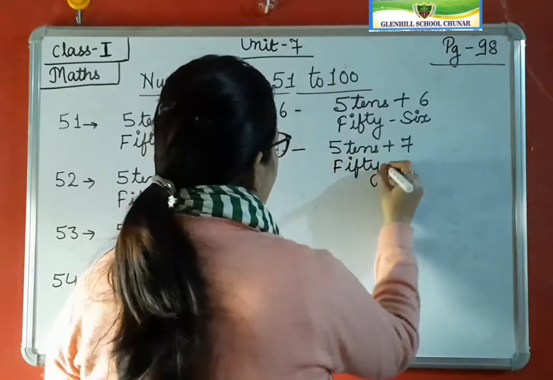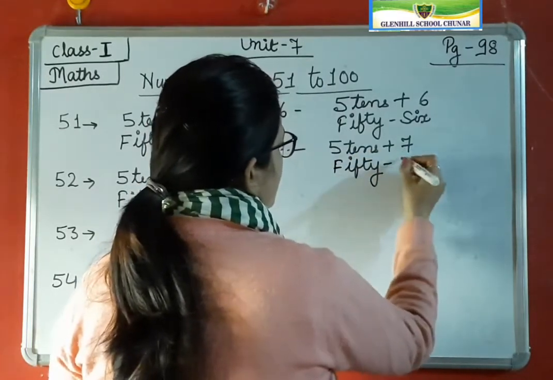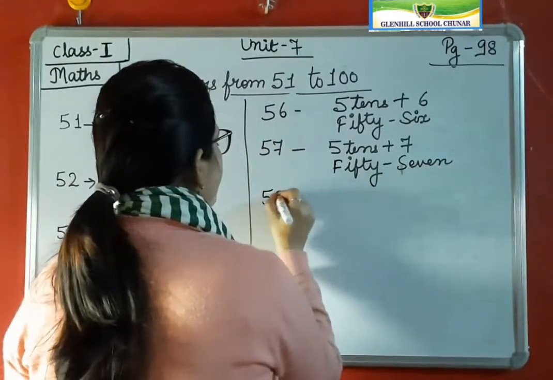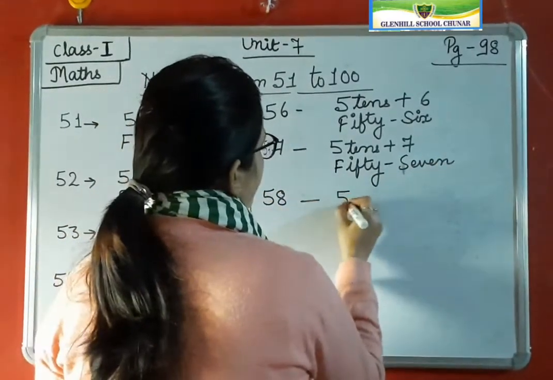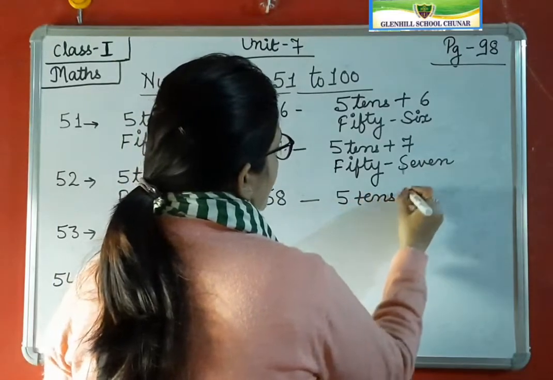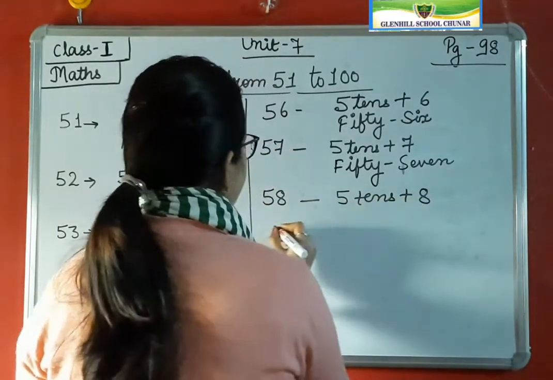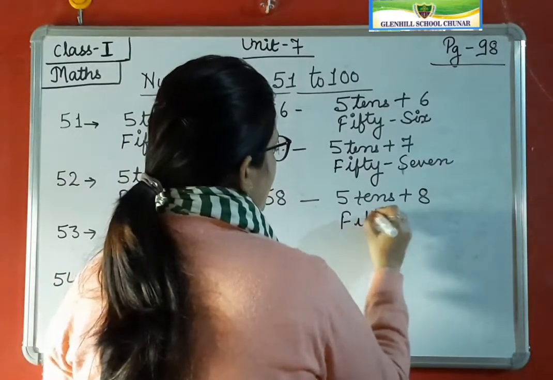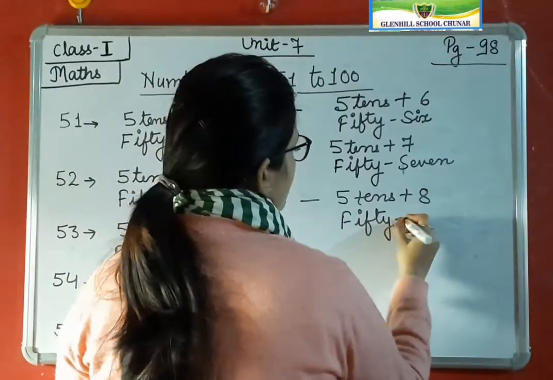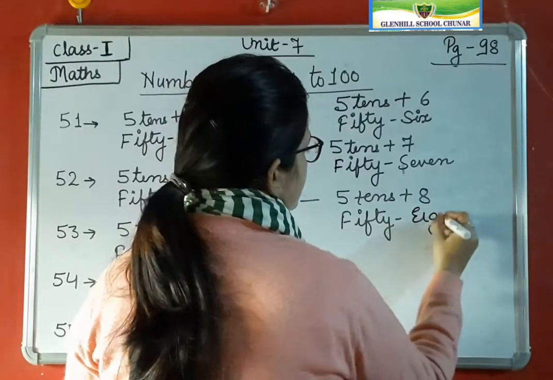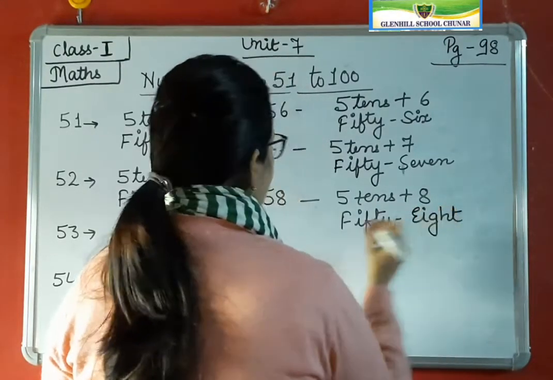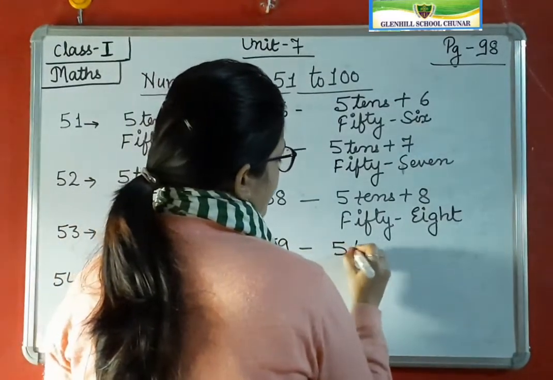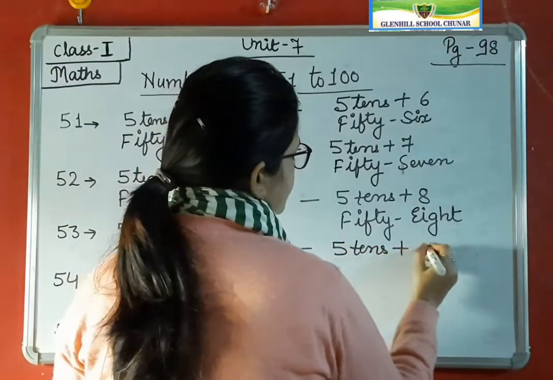57. 58. 5 tens plus 8, 58. 59, 5 tens plus 9.